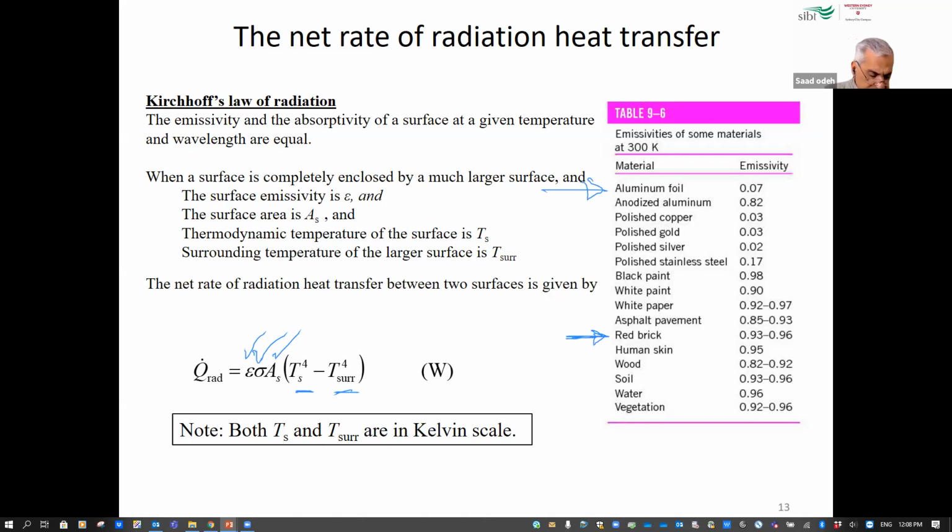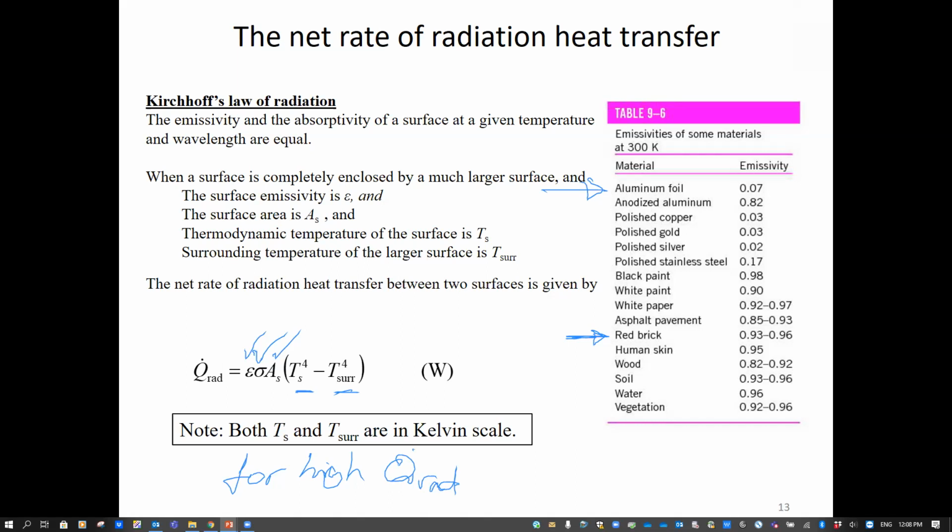If I want to get higher radiation, so for high Q dot by radiation, which one should I use? Red brick or aluminum foil? Which one has more emissivity? Red brick. Red brick, correct.